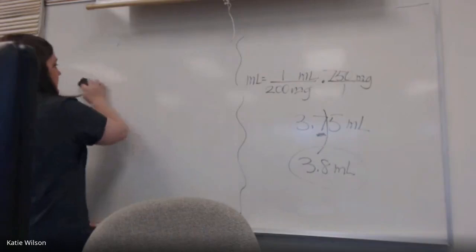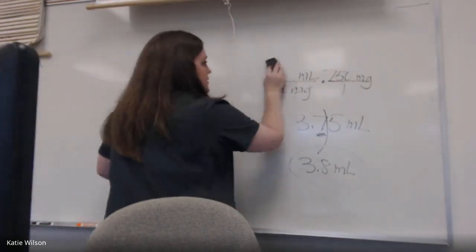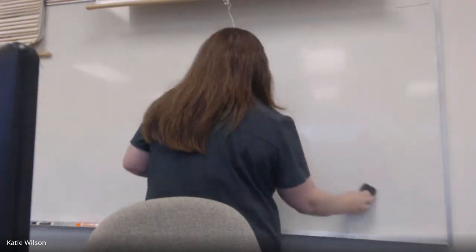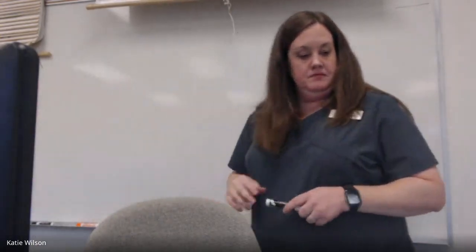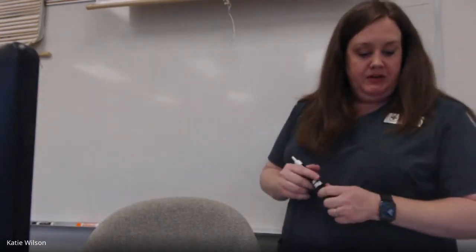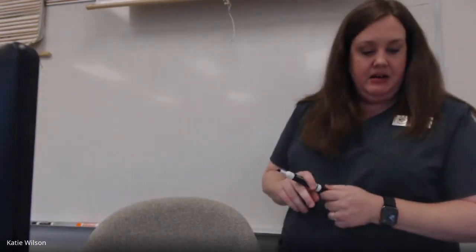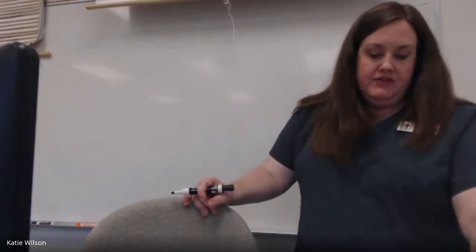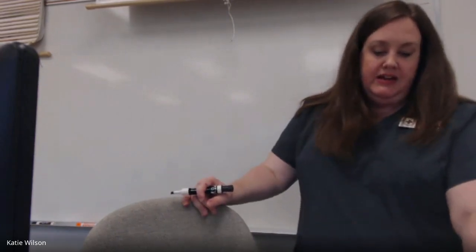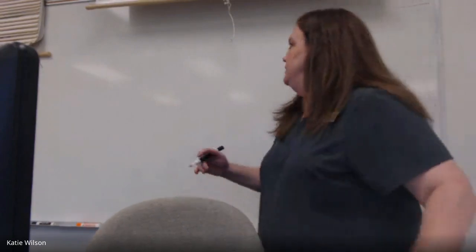Try to work some of these practice problems. So chapter post test on 176, number 1. In all 5 of these problems, we're going to calculate milliliters and round to the nearest tenth.